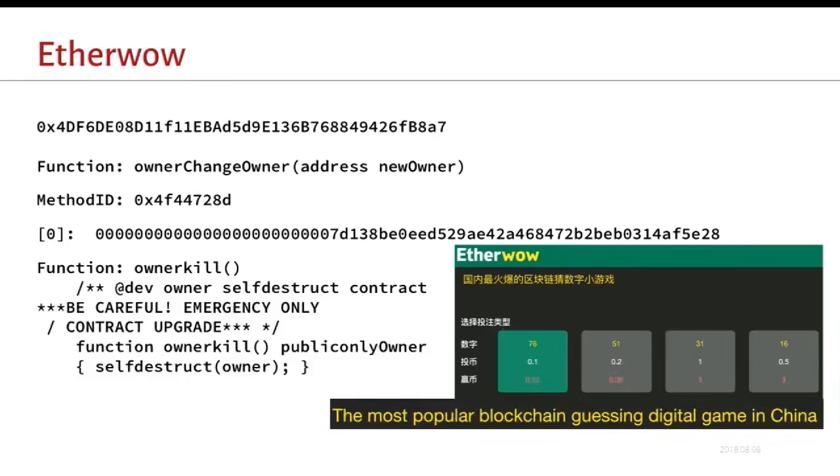And in a different version of this, the creators created several contracts, and if you trace through them, one of them has source code available, and there's this really dramatic comment above their owner kill function: to be very careful, emergency only for contract upgrading. So again, this is yet another example of these large transfers, but it doesn't look like an attack. It's just the design of the contract.